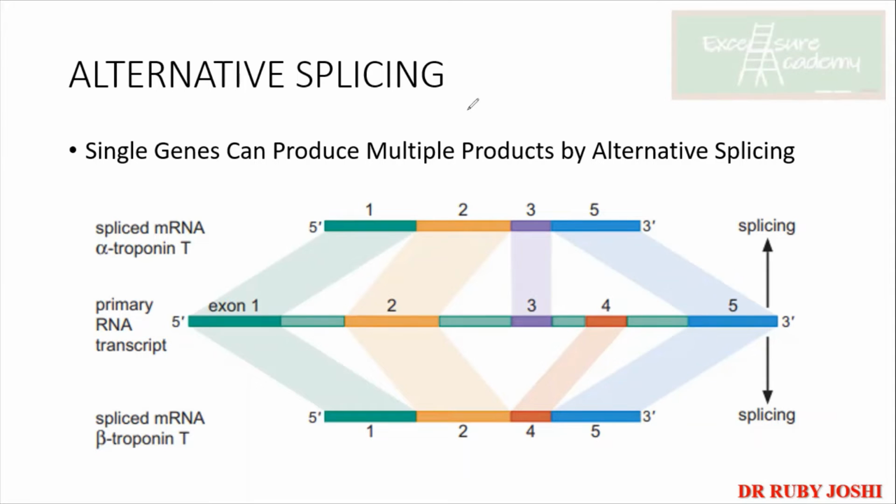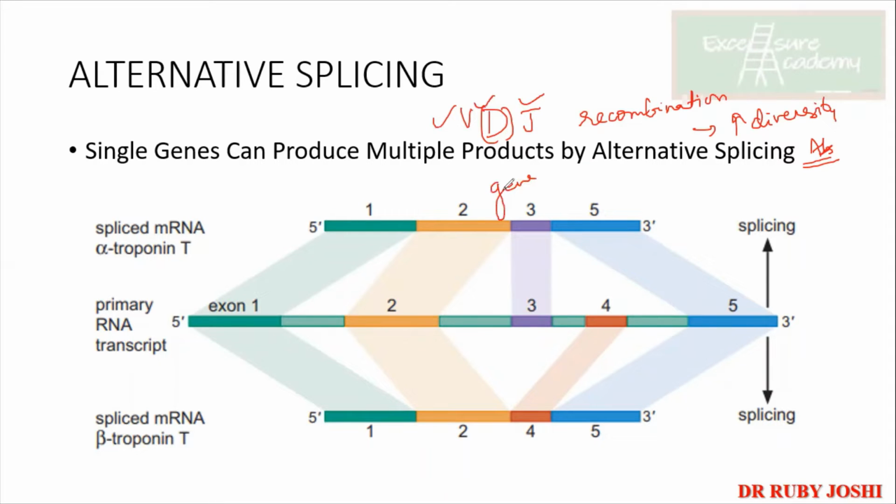We discussed the VDJ recombination. I have mentioned this kind of recombination, which results in increasing the diversity in the case of your antibodies. So this is for your variable diversity in joining genes.